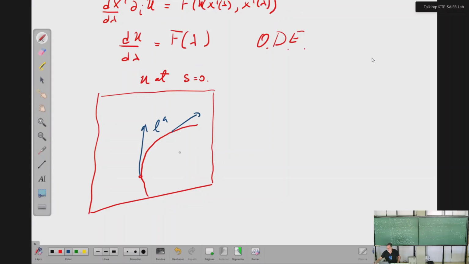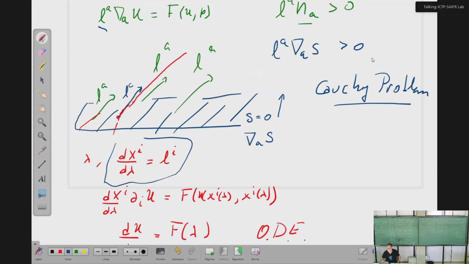And that's why we say, okay, the evolution, you see from this thing here that this point is evolving along this line. So to know the value of u here, the only thing I need to know is the value of u here.